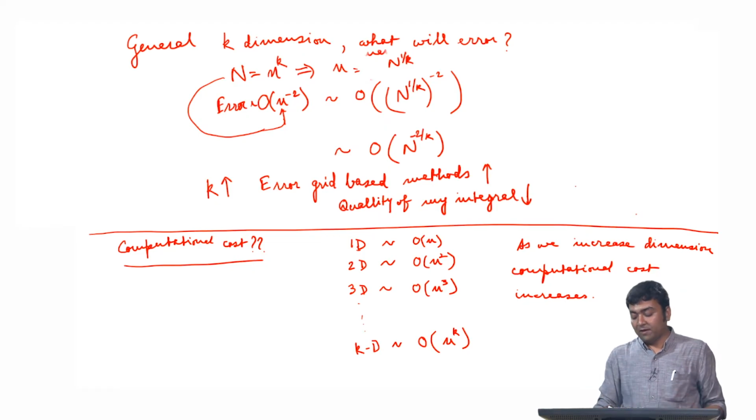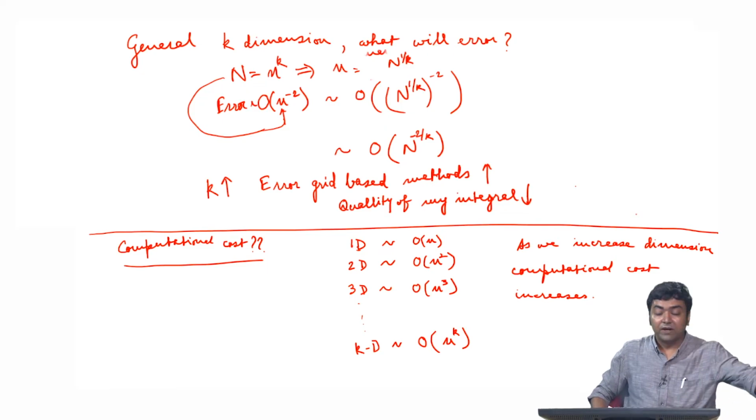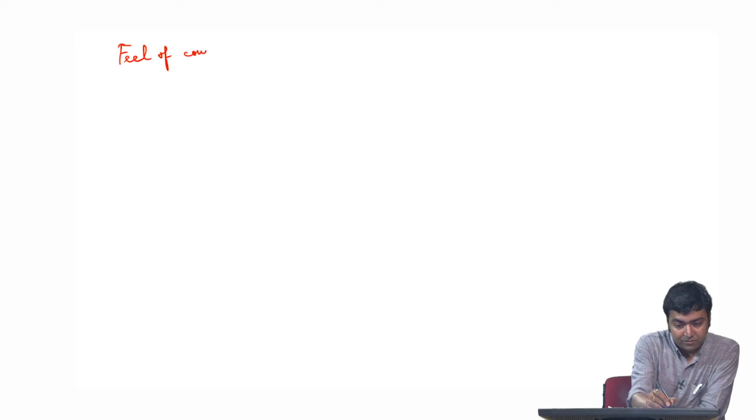So, to get a feel of how much the computational cost increases, I will take a very common example, particularly a case where evaluating these multi-dimensional integrals is very necessary.